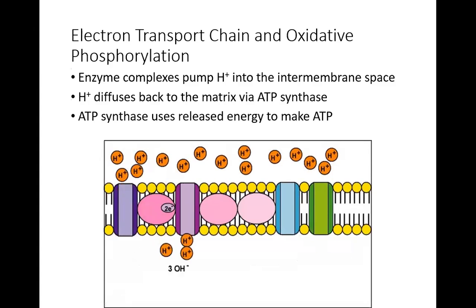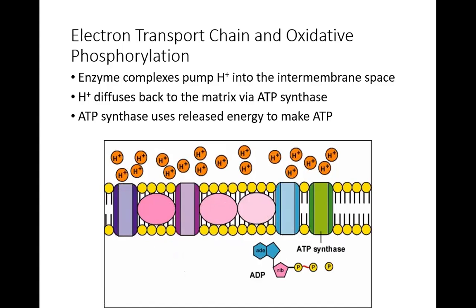The electrons are transferred to the next enzyme, so it can pump more hydrogens across. And it's transferred to a third enzyme, so it can pump more hydrogens across. And then by that point, the electrons have lost their energy. The electrons have dropped down into the matrix. So now they're sort of free floating for a while.